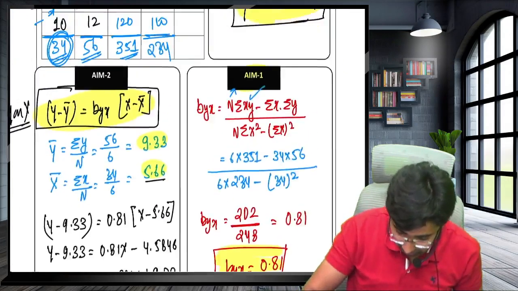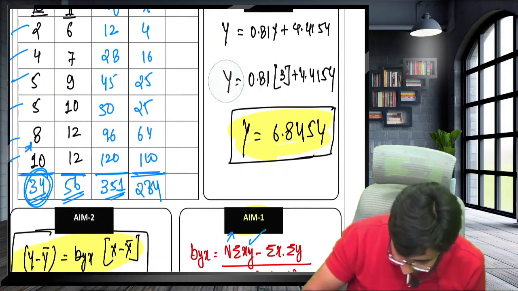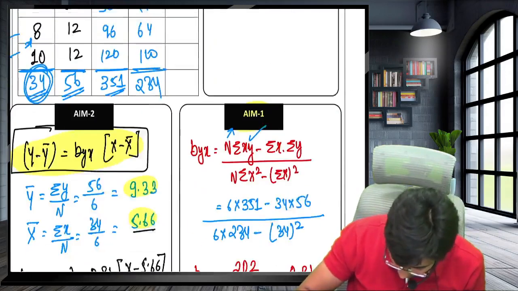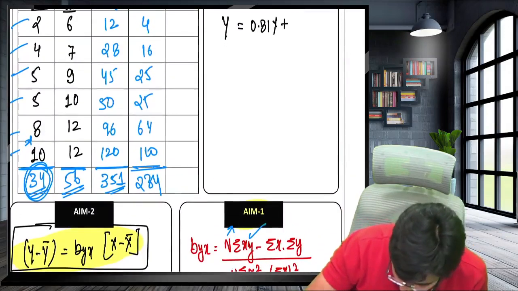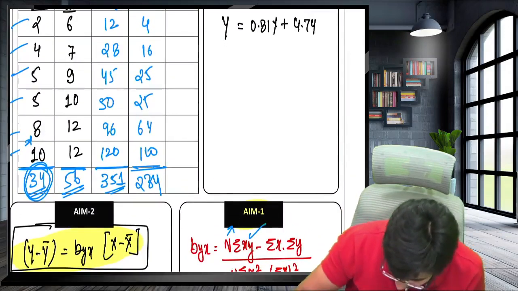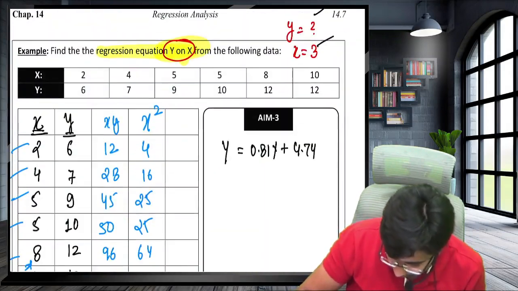Guys, now we have the equation. That is y equals 0.81x plus 4.7454.